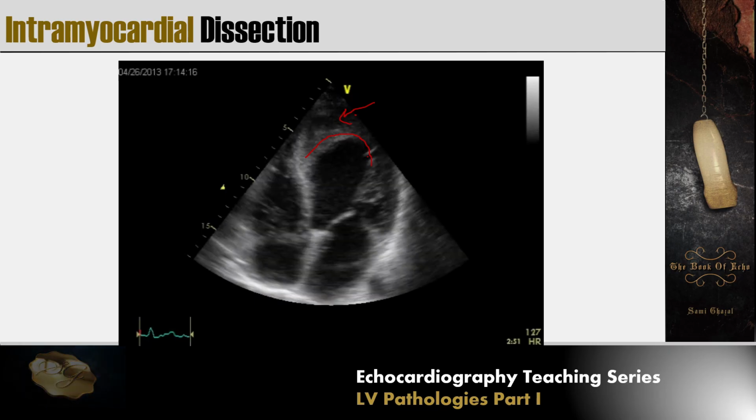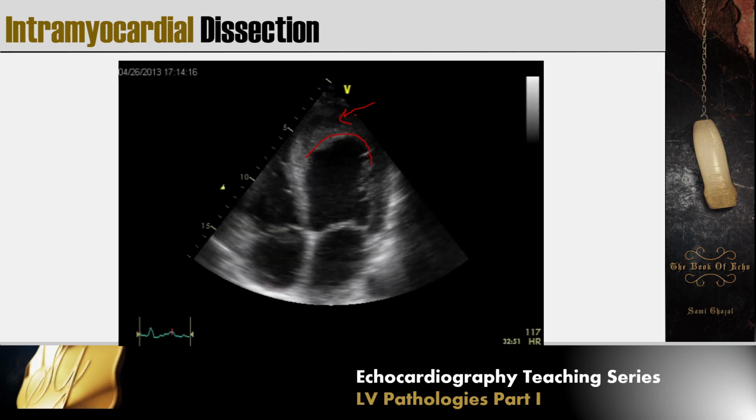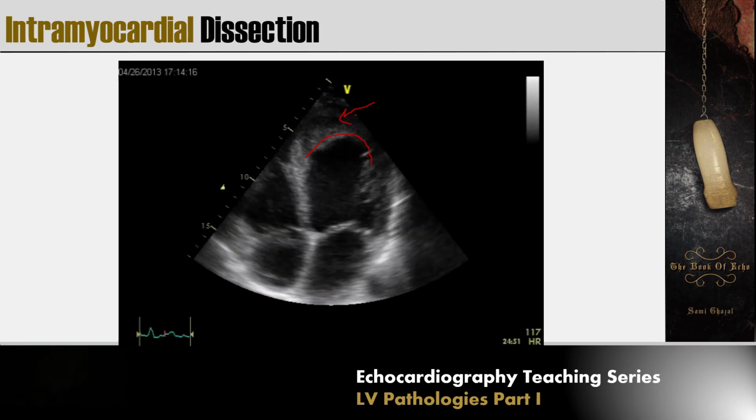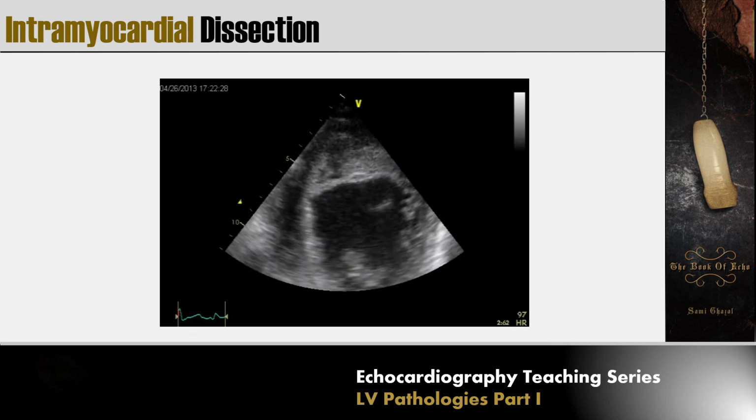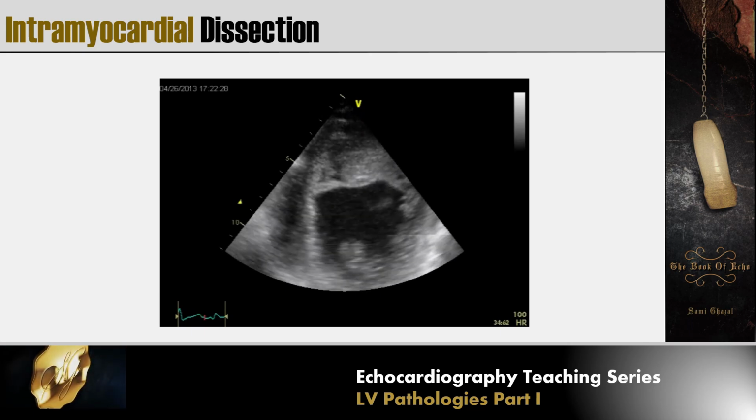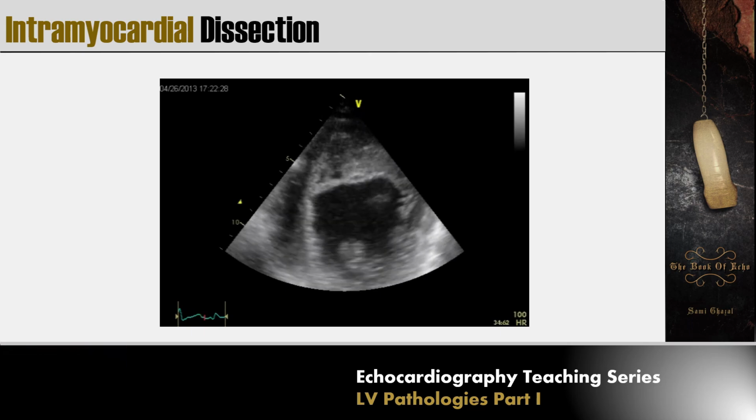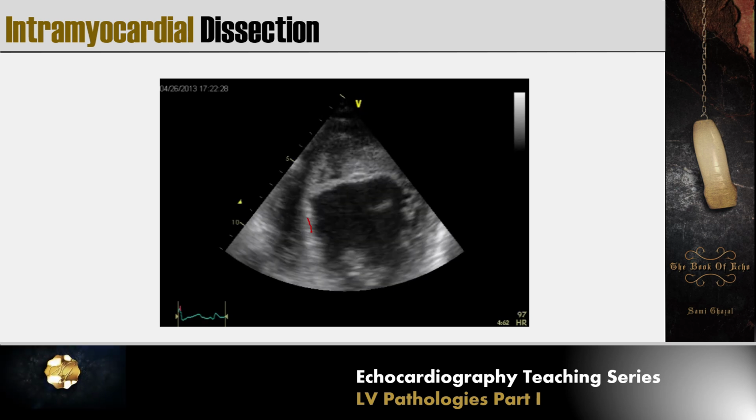Now, I totally agree that this is not straightforward. However, if you do a short axis or a modified axis, you have to look from many angles. Then you might see a clear endocardium integrity. For example, you can see here the endocardium.